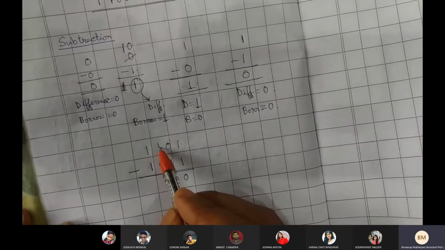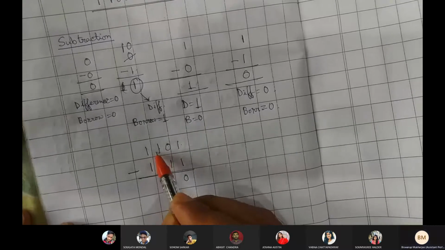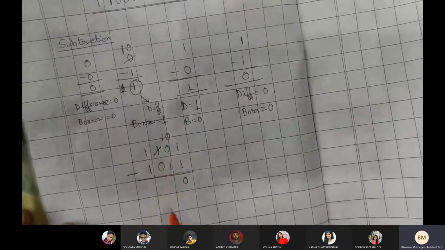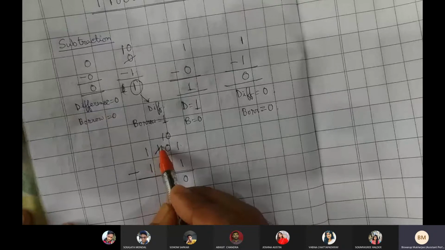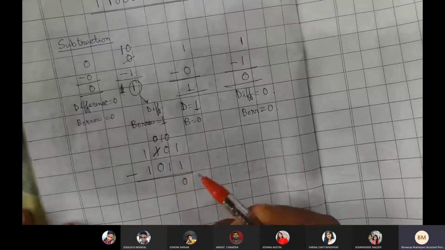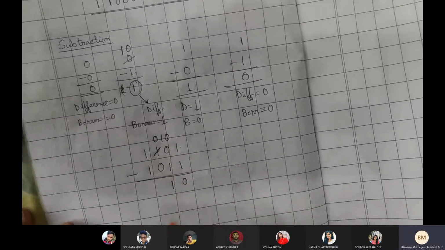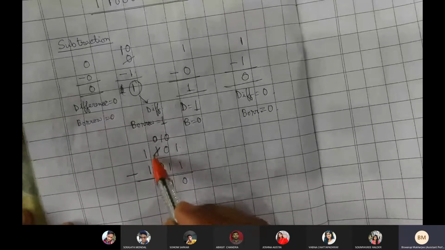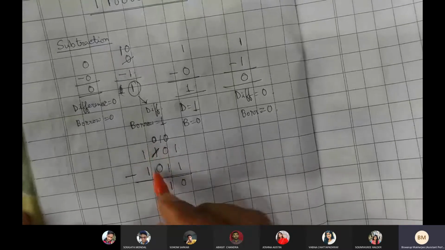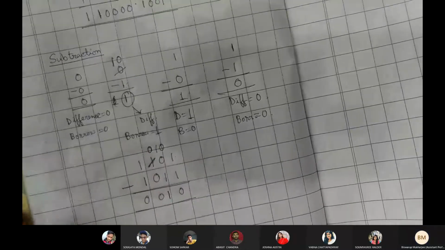You have to take 1 from the previous bit and make it 10. Since you have borrowed from here, it will be converted to 0. Now you can perform. 10 minus 1 is 1. 0 minus 0, I have already borrowed from here, so I make it 0. 0 minus 0 is again 0, and 1 minus 1 is also 0. So this is the answer, right?